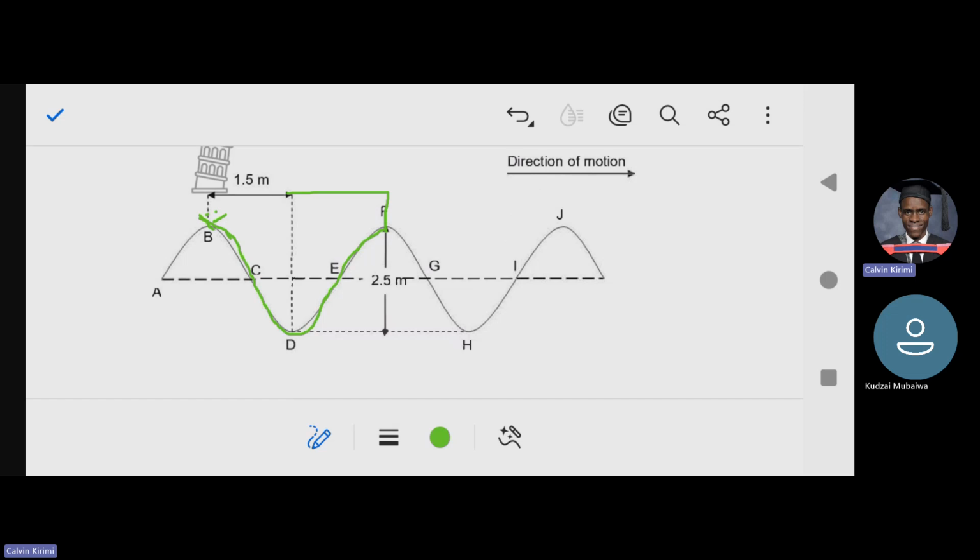If I know this is half, these lengths are equal. You did similarity and congruence. So from there to there, 1.5, is the same length as this one, 1.5. So you add the two. Which means the wavelength, your lambda, is equal to 3 meters. That is your wavelength.